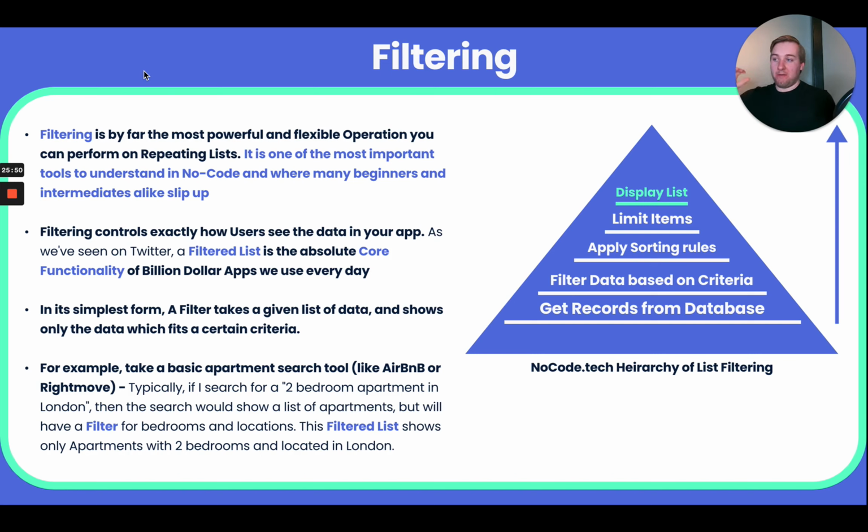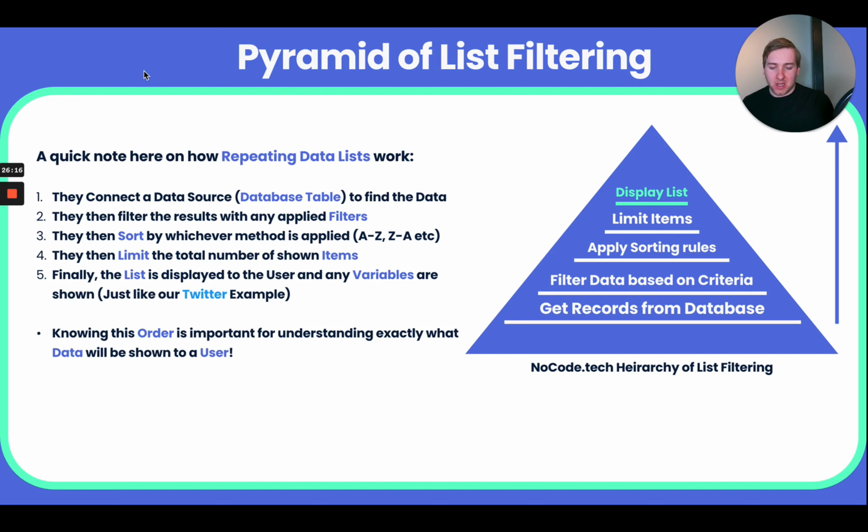It's just going to show everything from that apartments database, but it's going to be filtered by, do the bedrooms equal to, is the location in London, so on and so forth. And if you remember if statements from our workflows lesson, that's essentially what's happening. A filtered list is just a list of data with a few conditionals or if statements placed upon it, and we'll talk about that a little bit more in a minute.